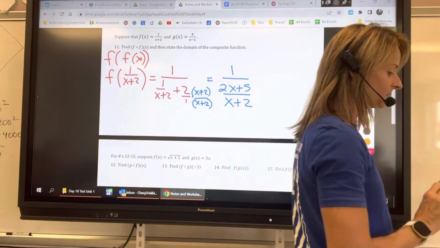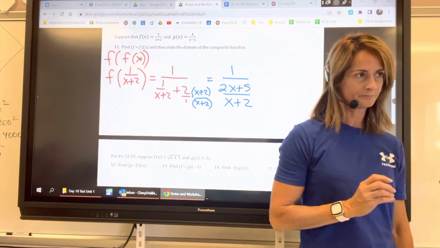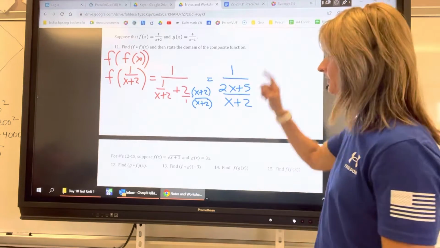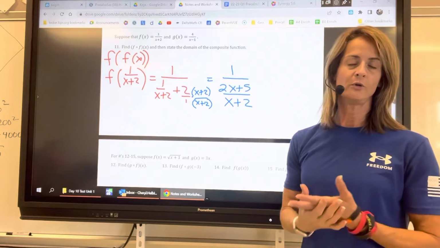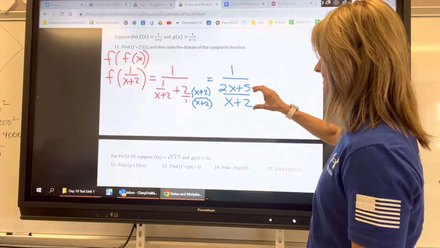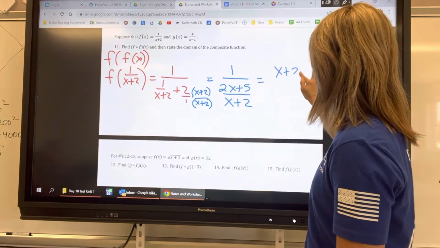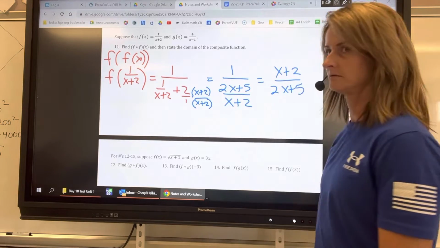Now, do you guys remember keep, change, flip? In our denominator, we've got a fraction. And we are dividing, 1 divided by this number. We don't divide by fractions, we multiply by the reciprocal. So this actually becomes x plus 2 over 2x plus 5.